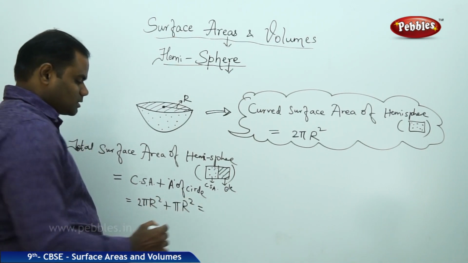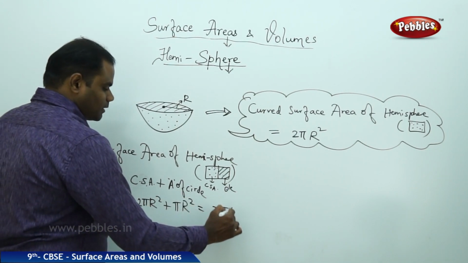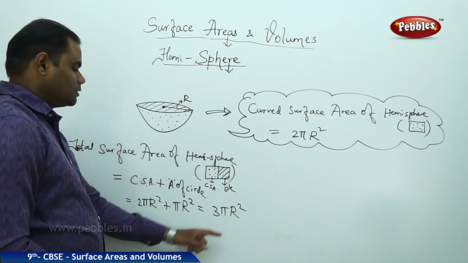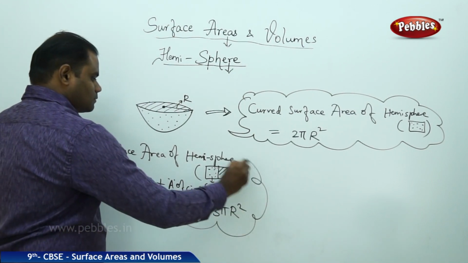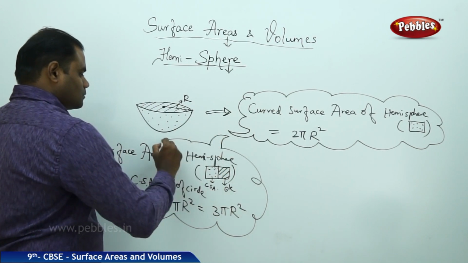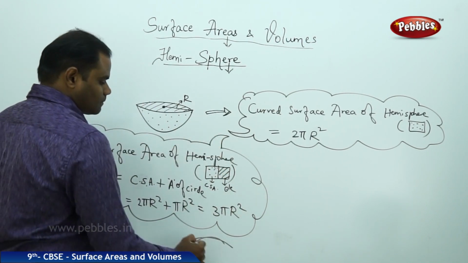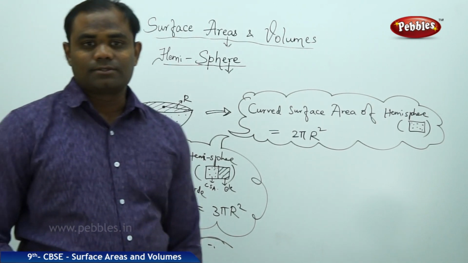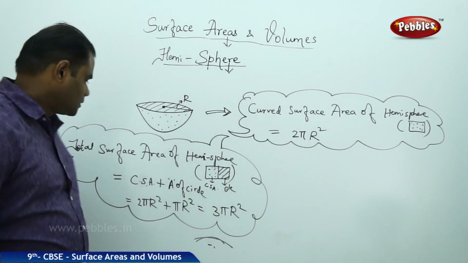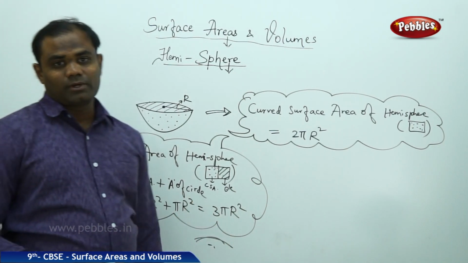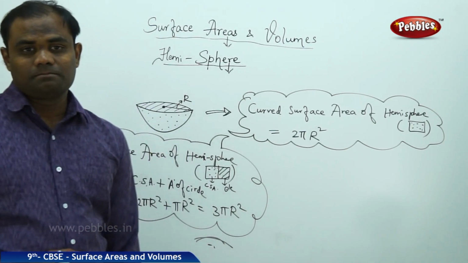Therefore, 2 pi r squared plus pi r squared is 3 pi r squared. This is nothing but the total surface area of the hemisphere. CSA is 2 pi r squared, TSA is 3 pi r squared for a hemisphere.